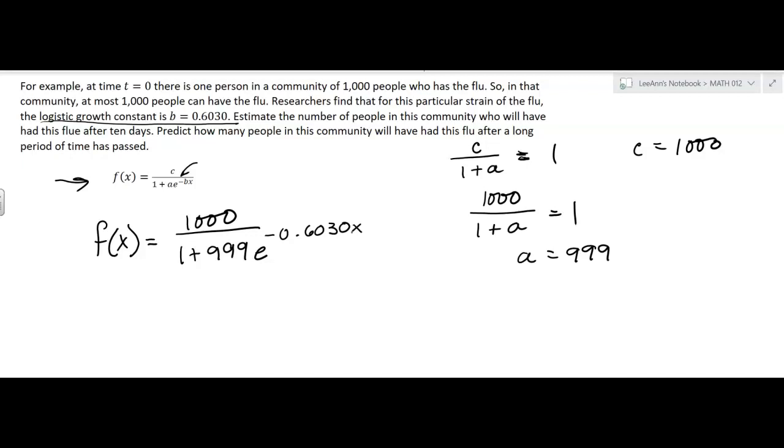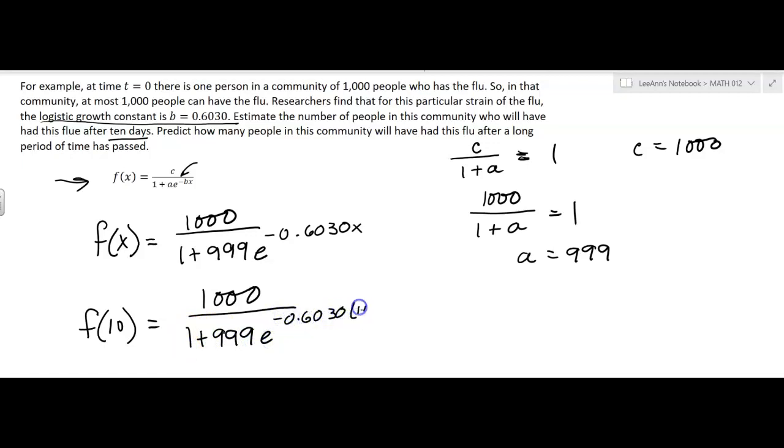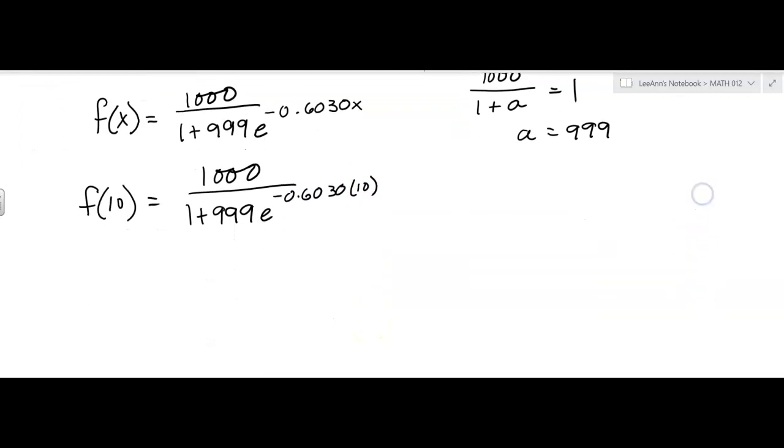Estimate the number of people in this community who will have the flu after 10 days. So we're trying to find f of 10. Okay, so that's what it looks like when we're evaluating this.